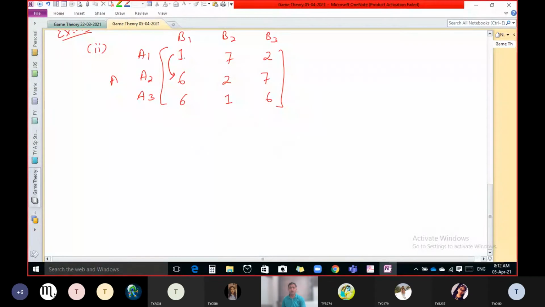If by taking A1 we get a profit of 1 rupee, and by taking A2 we get a profit of 6 rupees. So for player A, if B takes B1, A2 is better. Yes or no? Yes. Now, if B takes B2, which one is better?